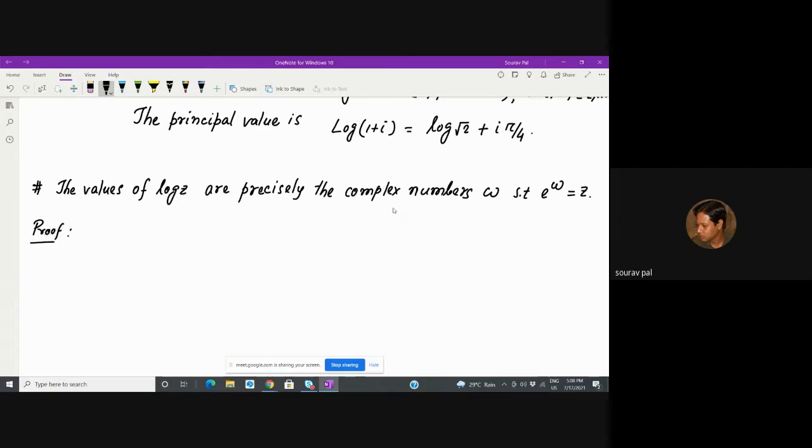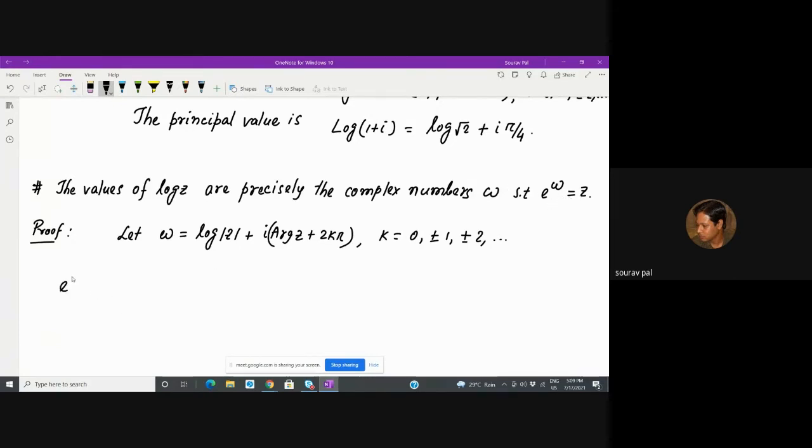First you assume W to be whatever we know, log mod z plus i arg z plus 2k pi, where k runs over the integers. And you just verify whether this equation is satisfied.